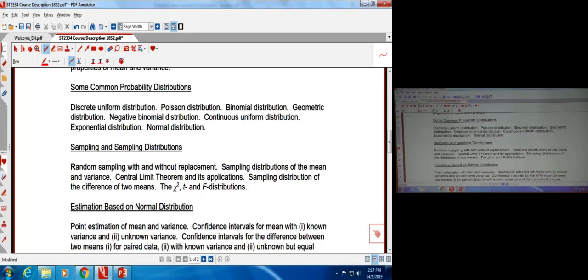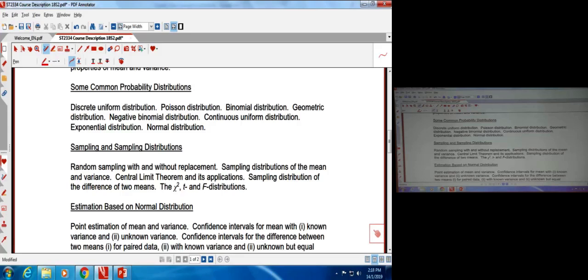The most common one is the mean, the population mean. I want to know what the population mean is. I take a sample. I calculate the sample mean. So it's likely that we use the sample mean to estimate the population mean. Now, I think some of you may not be able to distinguish between a sample mean and a population mean.